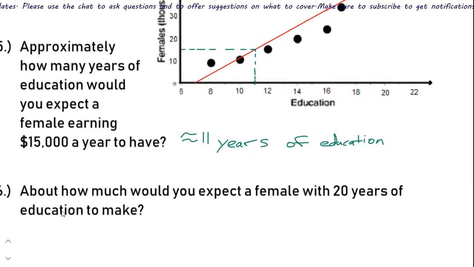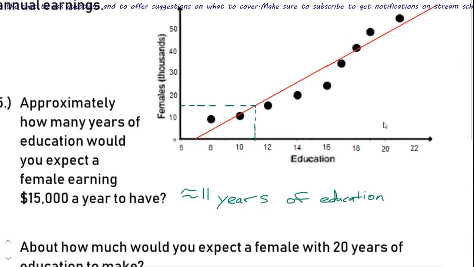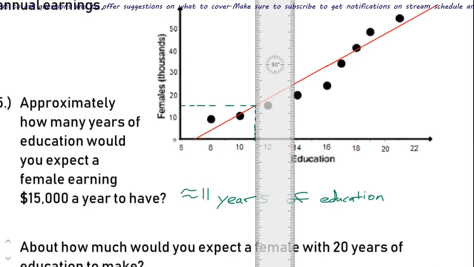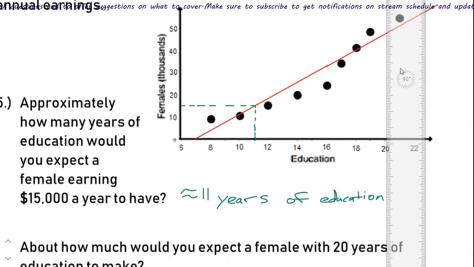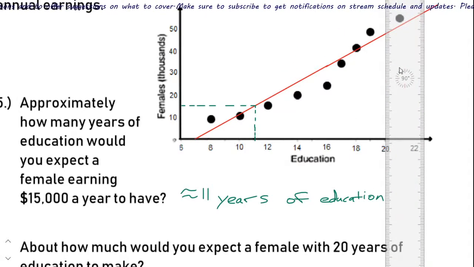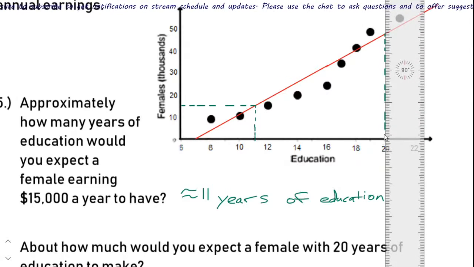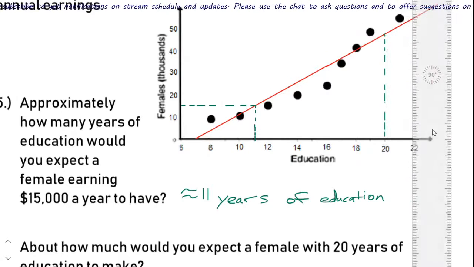So then they want us to estimate how much you would expect a female with 20 years of education to make. So if we're using our ruler again, we're going to go all the way to 20. And I'm going to draw a line at 20 until it hits the graph. Just to show you, this is at 20.